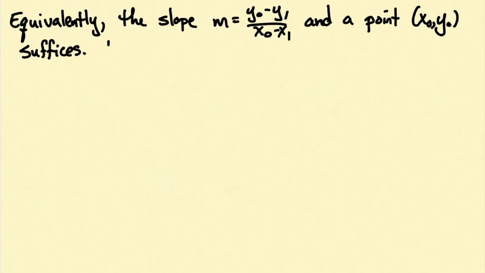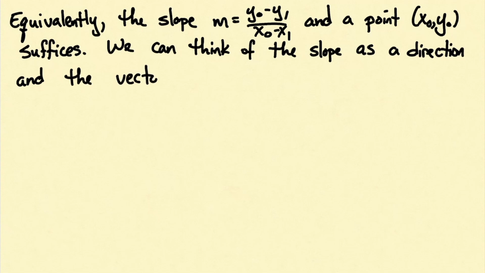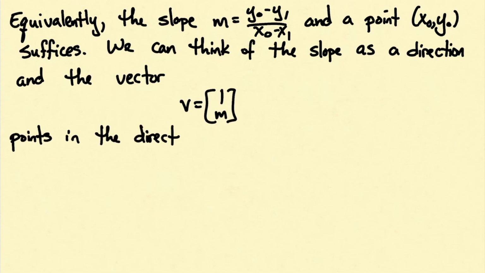So we can think about the slope or the direction as a vector by remembering that if you walk 1 unit along the x direction, then the point on the line is m units along the y direction. So we can capture the slope as the direction vector v equals (1, m).